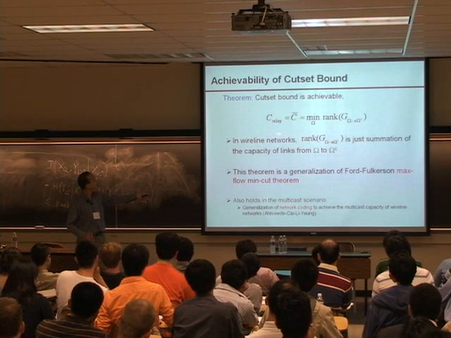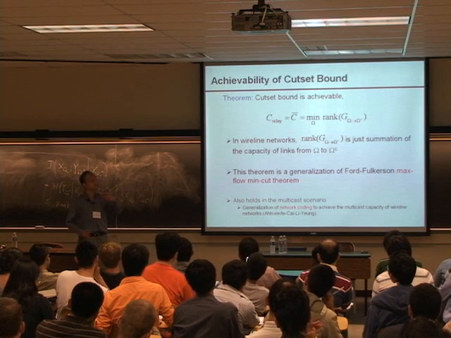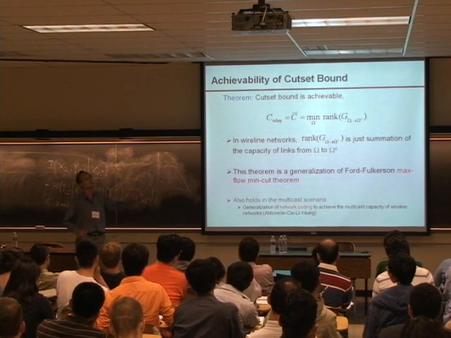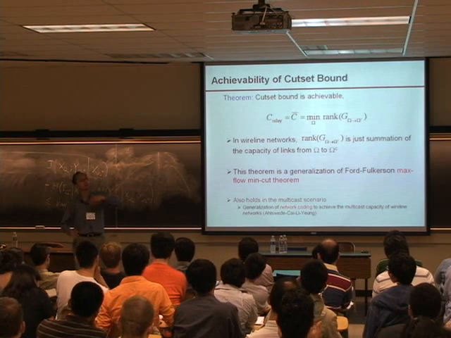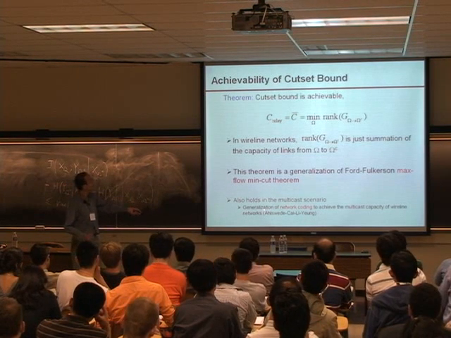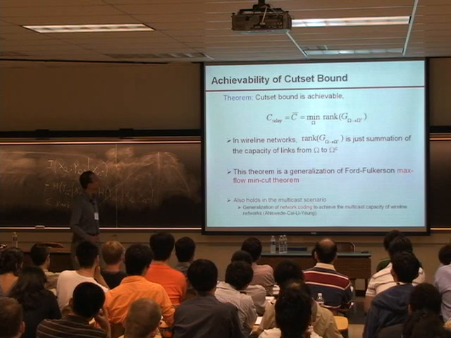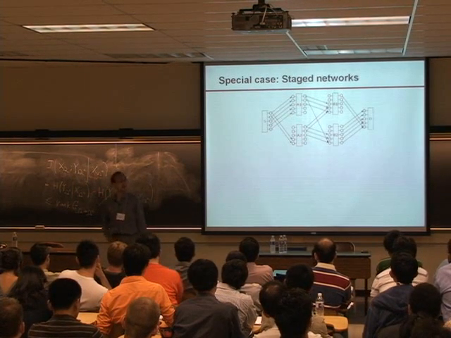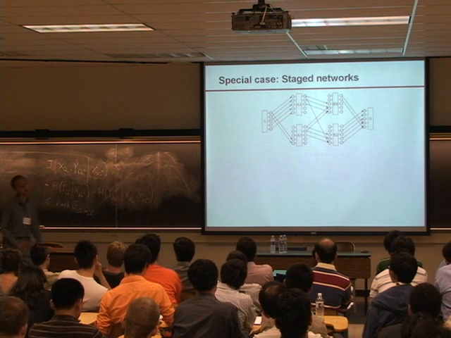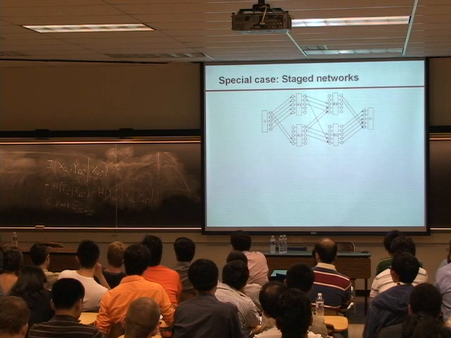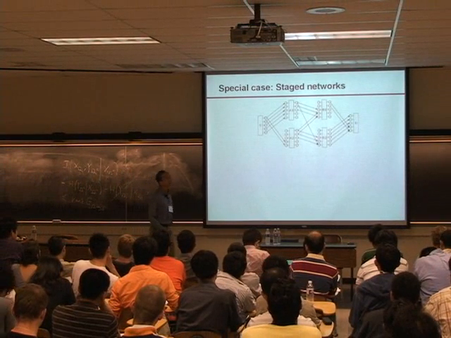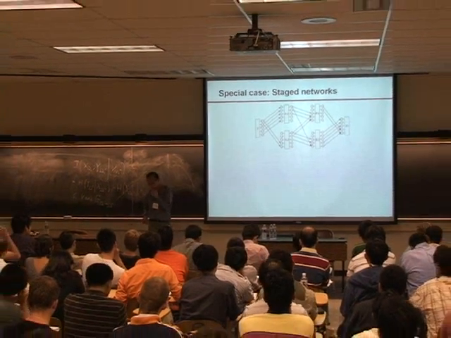Then the capacity is the maximum rate you can flow to all the nodes simultaneously, and is given by the minimum of all these cuts from the source to all the destinations, and that you can also achieve, it turns out. Okay, but that will become obvious as we go through the proof, because our proof is somewhat similar, with a very important difference, which I'll focus on. Okay, now comes the proof.